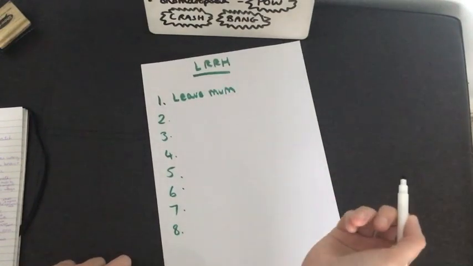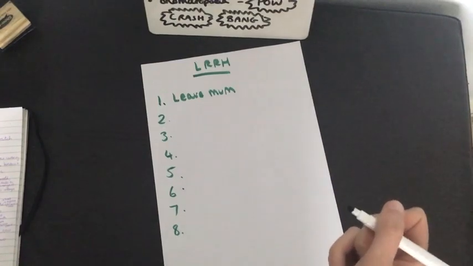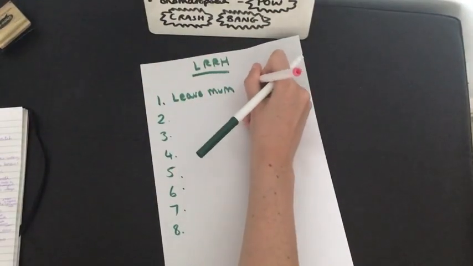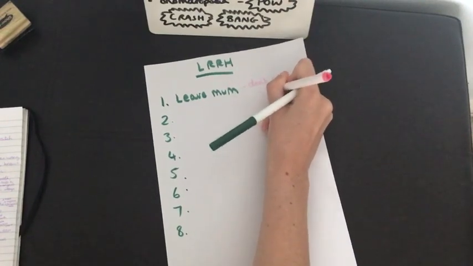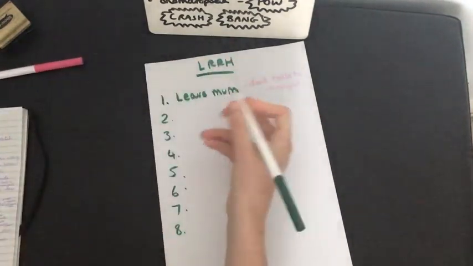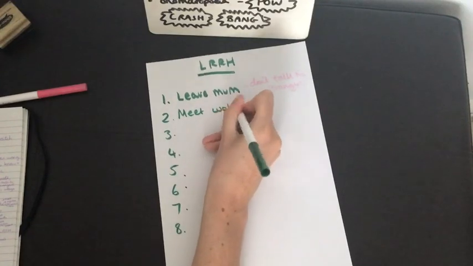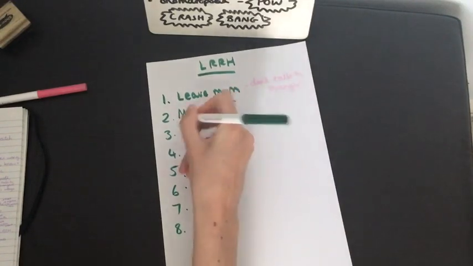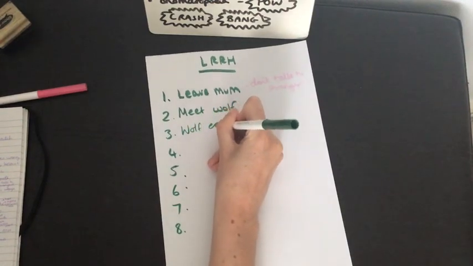That's a really important section, isn't it? Now her mum says something really important to her. She says, don't talk to strangers. So I think somewhere in my comic, I'm going to have that in there. Okay. The next thing I think is really important in the story is when she meets the wolf. Then the next part that's important is the wolf eating grandma.